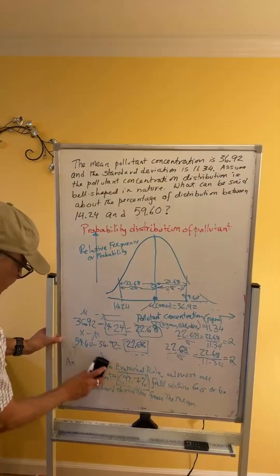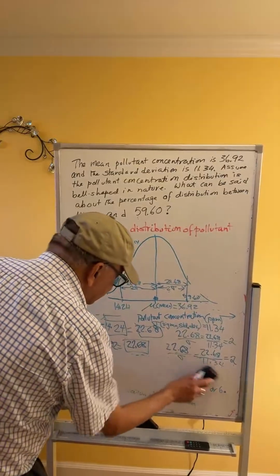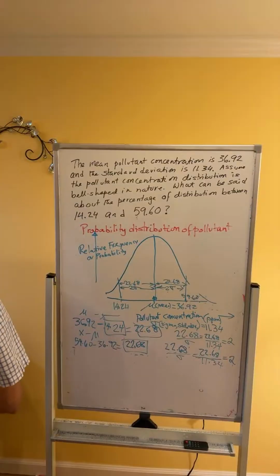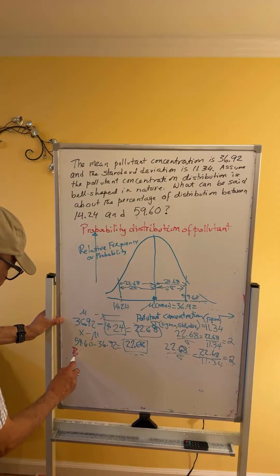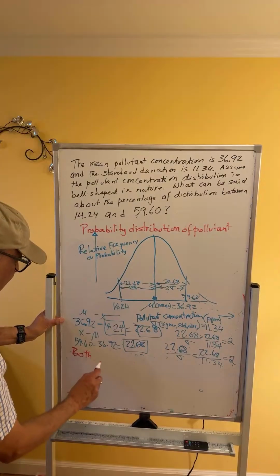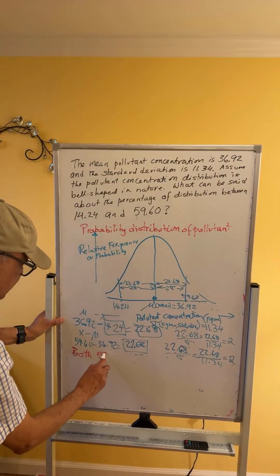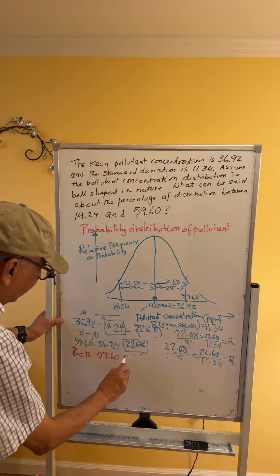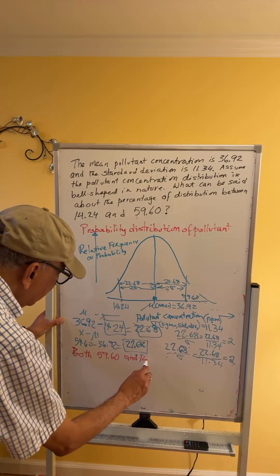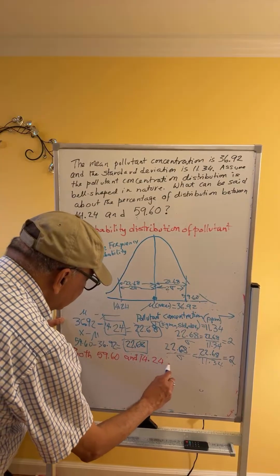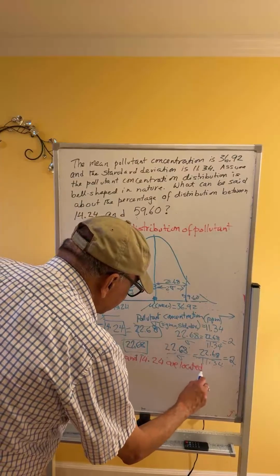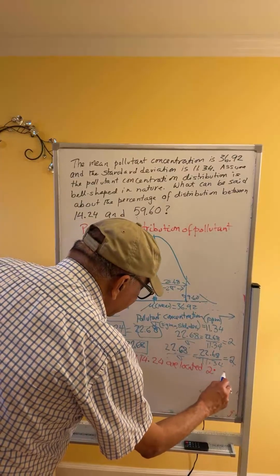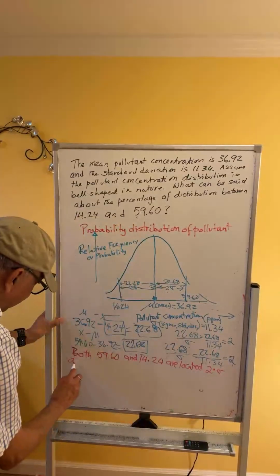Let me erase all of this and rewrite it so that there is no confusion. Both 59.60 and 14.24 are located 2 standard deviations away from the mean.